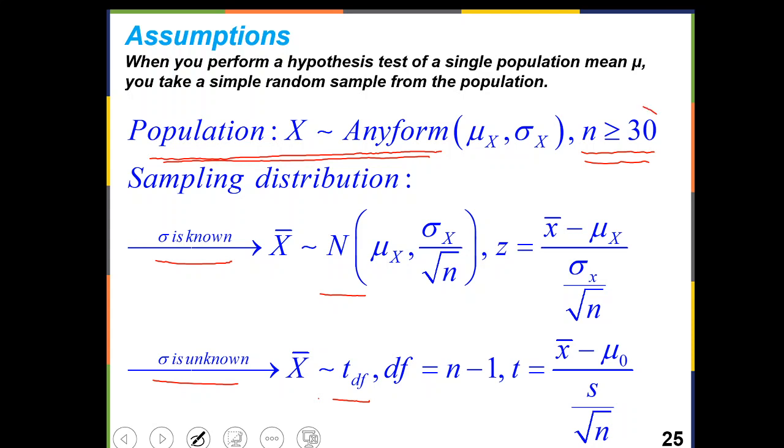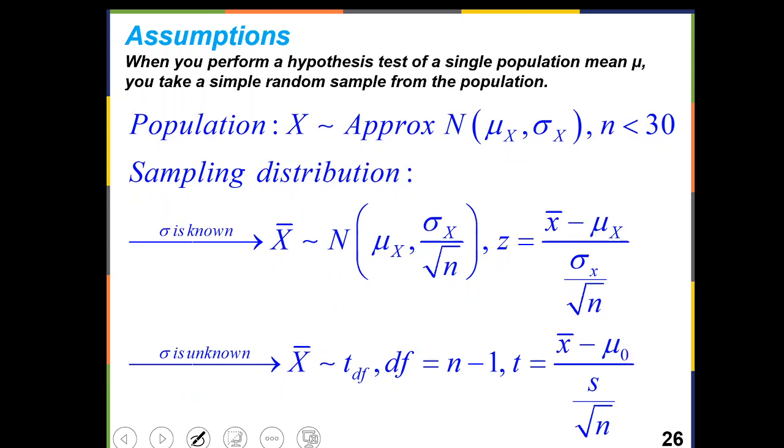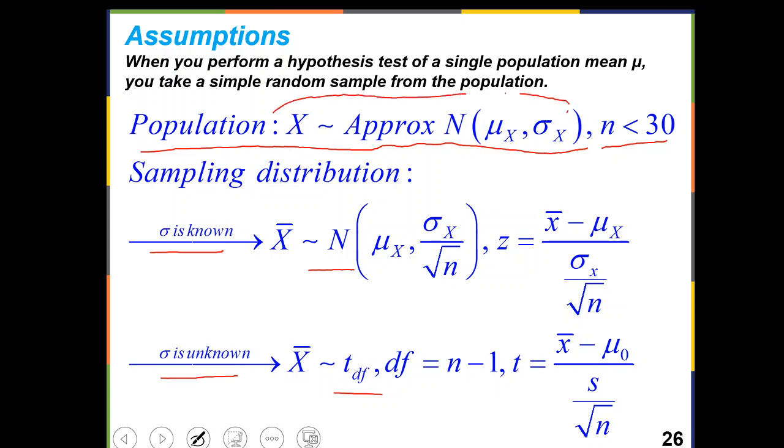But if the sample size is less than 30, then the original population has to be approximately normally distributed for us to be able to use this method. So again, if sigma is known, we use normal. If sigma is not known, we use t. Okay? The only difference is that assumption that we usually make. So you're not going to find any examples here where this is not true, so don't worry about that much.